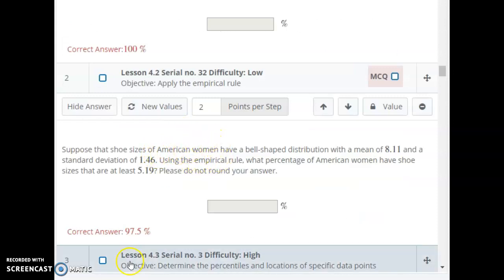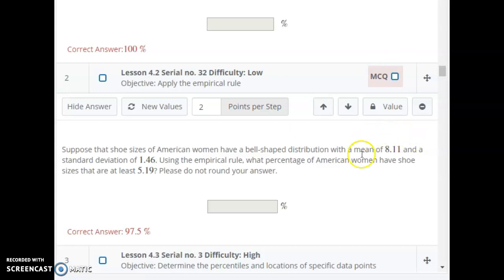Okay, on the empirical rule questions, we're working with the 68, 95, 99.7. The key question here is how many standard deviations above or below the mean are we?